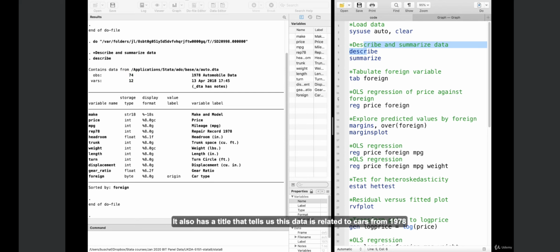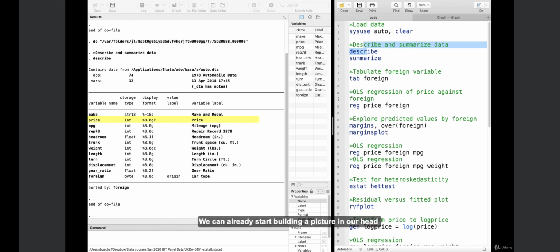It also has a title that tells us that this data is related to cars from 1978. Below that is information about the variables. One of them is a string variable that contains the names of the car types, and the rest are all numeric variables. Let's pretend that we are really interested in explaining the determinants of car price.